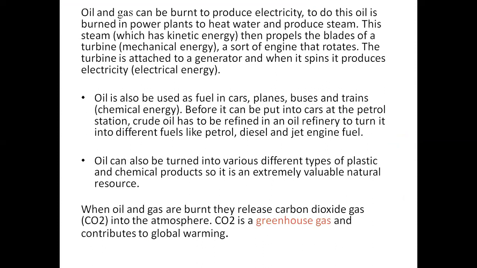A sort of engine that rotates the turbine is attached to a generator, and when it spins, it produces electricity or electrical energy. Oil is also used as fuel in cars, planes, buses, and trains.